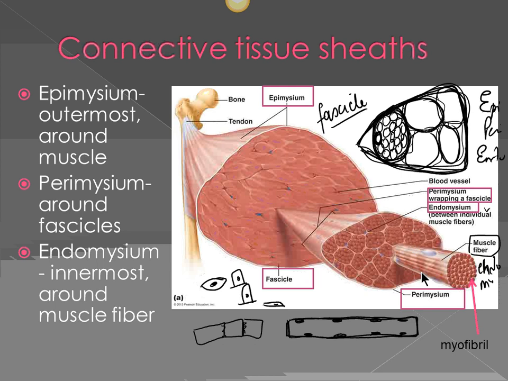If you went a little more microscopically inside, you will find that each individual muscle cell is made up of thin, smaller fibers. The word fibril means even smaller than a fiber. So inside each muscle cell, you have many myofibrils. Here, if I had to draw myofibrils, I'd say these were myofibrils. Each muscle cell is made up of many myofibrils.